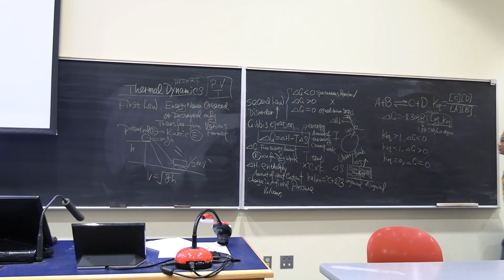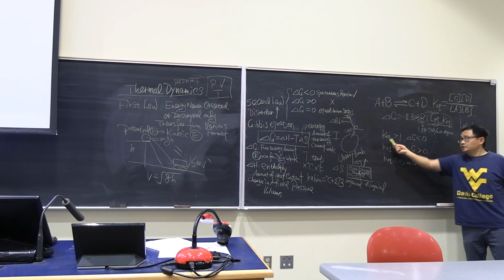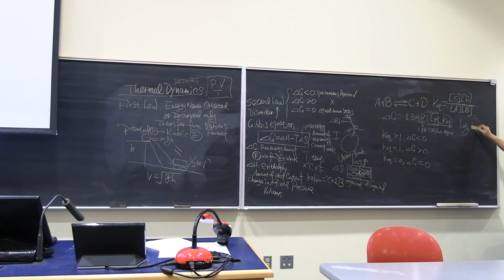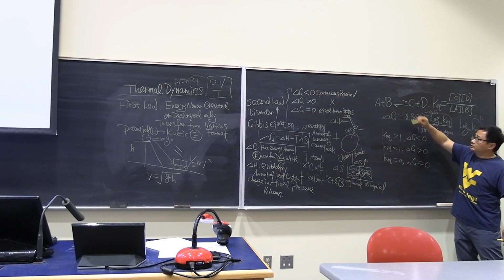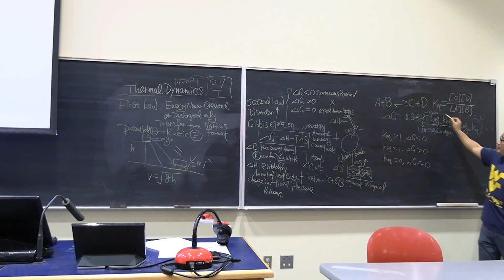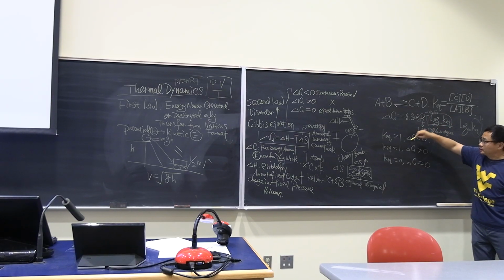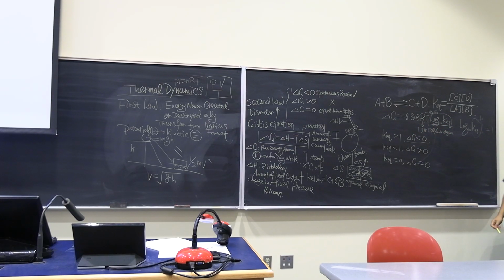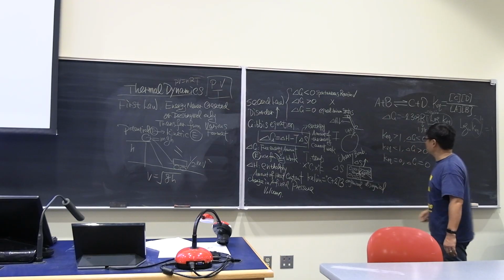I want to explain here: log 10, if K is more than 1, let's say 10, what is this value? That is 1. We have a negative at the beginning, so this value is negative. Just an example. Once delta G is negative, what does it mean? A spontaneous reaction will happen.